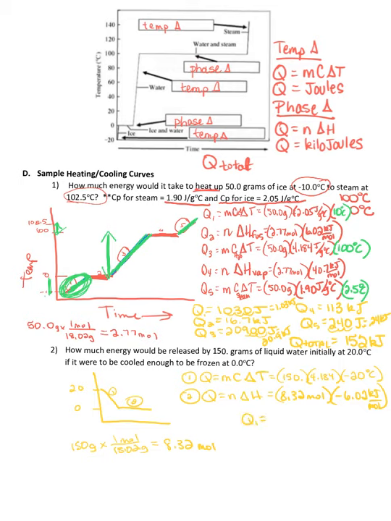Q1 is negative 12,600 joules, which is negative 12.6 kilojoules. Q2 is negative 50.1 kilojoules. So when I add that together, Q total is negative 62.7 kilojoules.